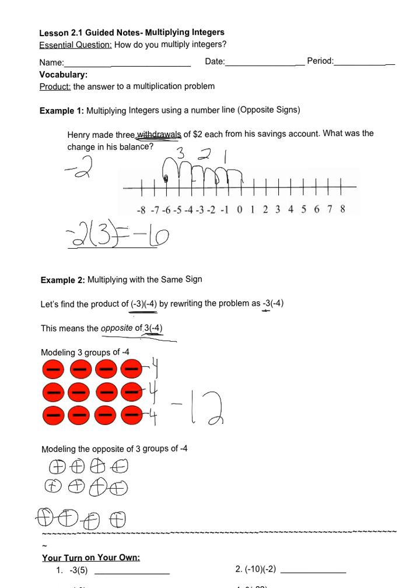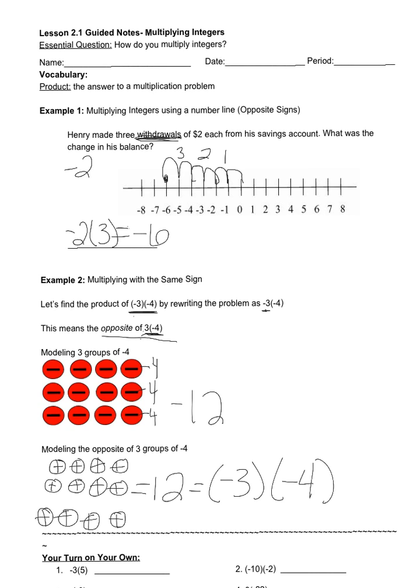So as silly as it sounds, what I really have here is a +12, which is the opposite of 3 groups of -4.